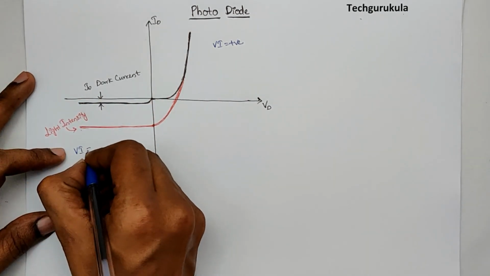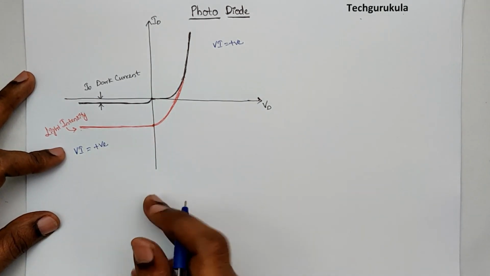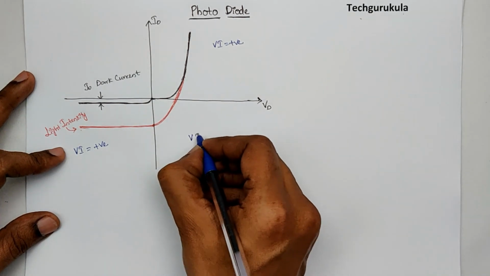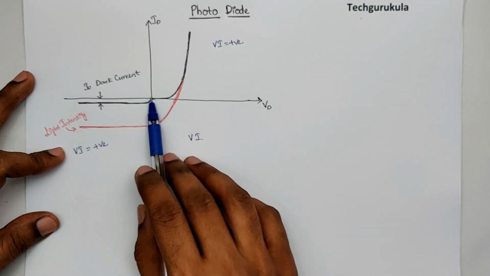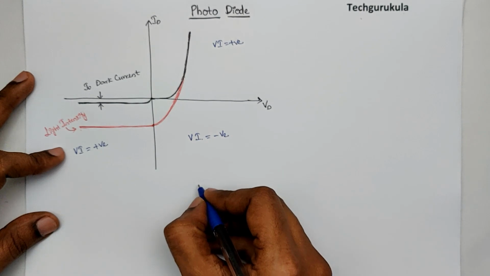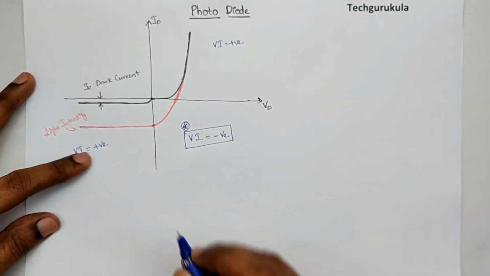So V times I still is positive because negative times negative is positive. But when we come to the fourth quadrant, V is positive but the current is negative, which means V times I is negative. This is a very important point, and let's see why this is so important.